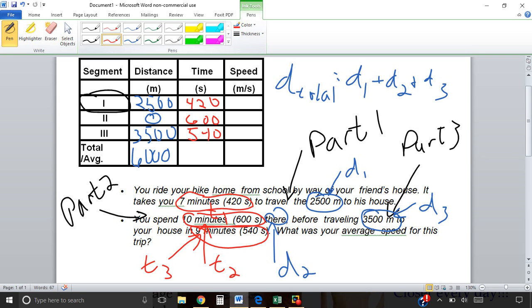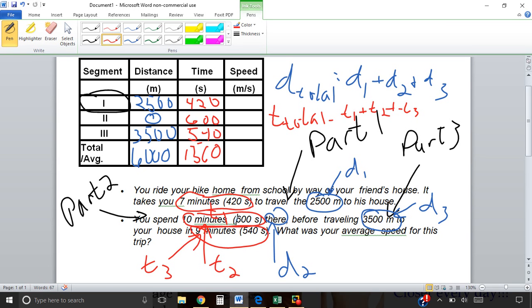And then we're going to add the total time it took. So that'd be T total. That's going to be T1 plus T2 plus T3. When I add all those up together, that gives us 1,560.